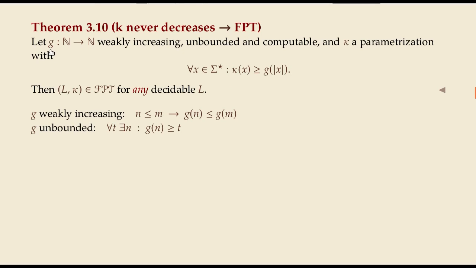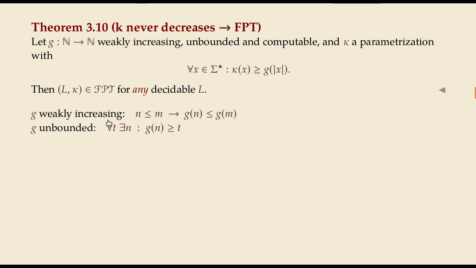And for this function g, we only need that it's weakly increasing, unbounded, and computable. So computable is fine. I should comment on weakly increasing. I prefer this terminology to the more standard non-decreasing, because non-decreasing is like not saying what you don't mean. I prefer to give it in the positive direction.